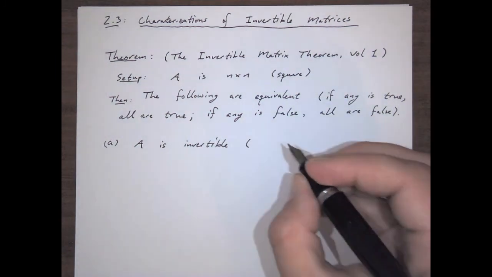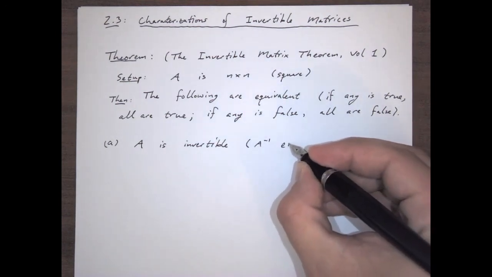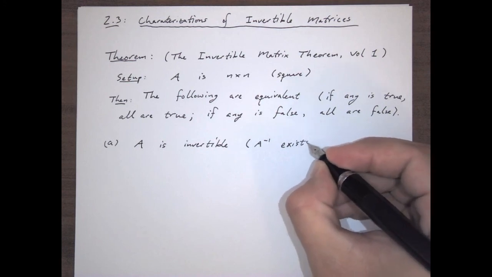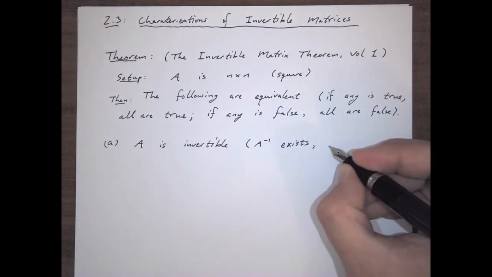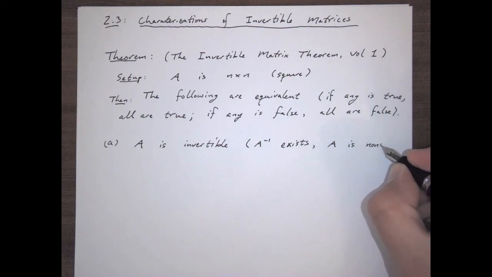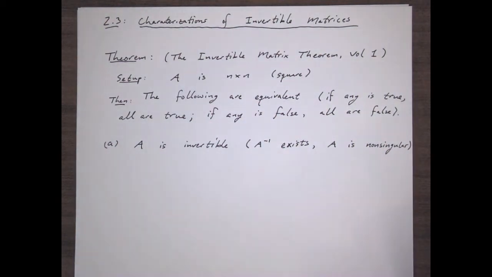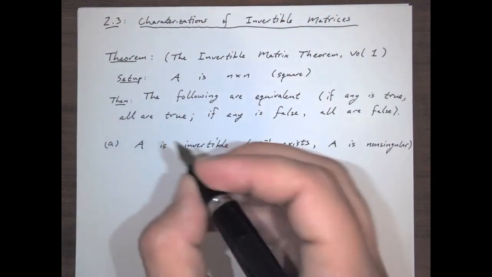We can also say, by the way, A inverse exists, would be another way of wording this. Or A is non-singular. Depending on how we want to think about things, these are different ways of wording the same fact. Okay, so A is invertible.